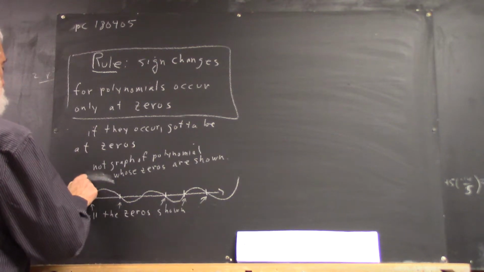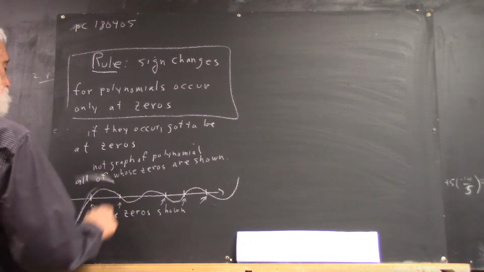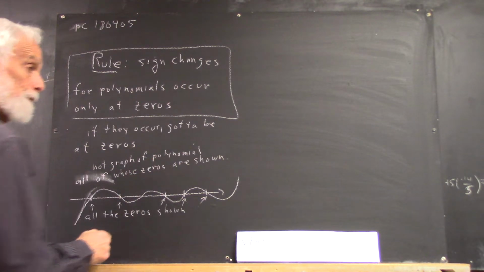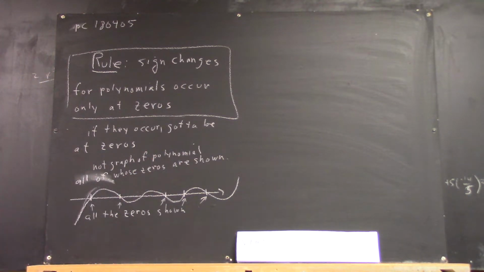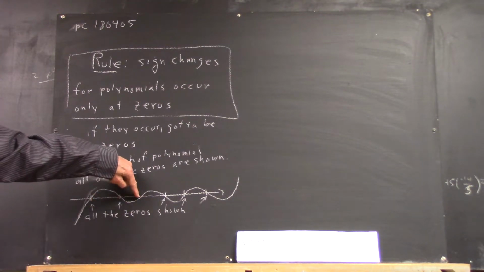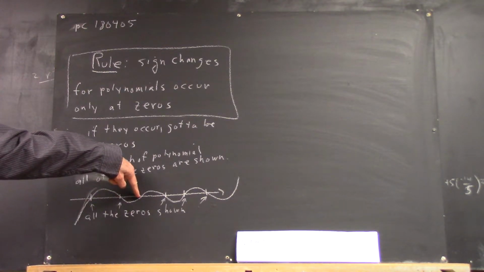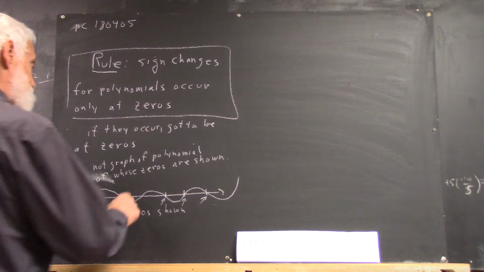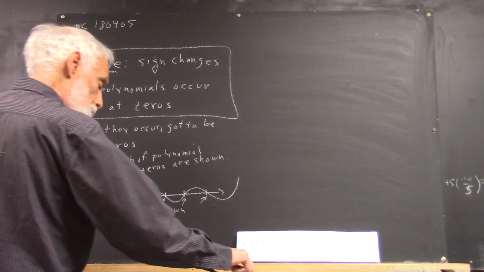I needed a polynomial all of whose zeros are shown. Why not? Because of that one right there, because it goes through the axis here. That would have to be a 0, right? So this is not one of the zeros.